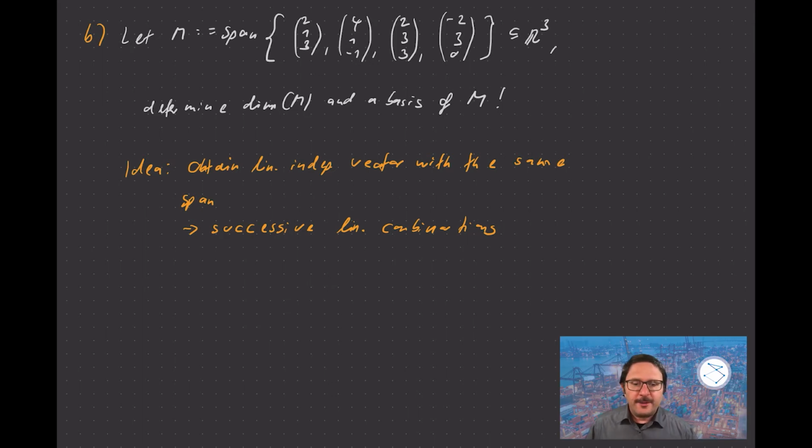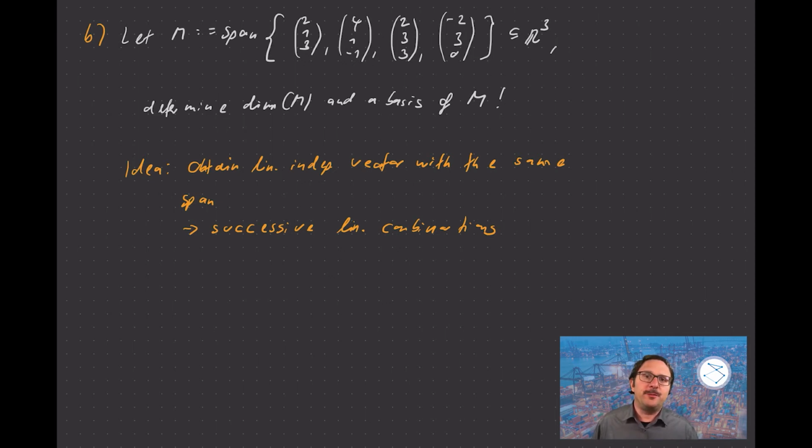More precisely, what I mean by that is I'd like to replace a vector by a linear combination of that vector and some other vector in one step. I'd like to do this in a way that retains all the information, so that means the vector I'm replacing needs to appear in that linear combination with a factor other than 0.